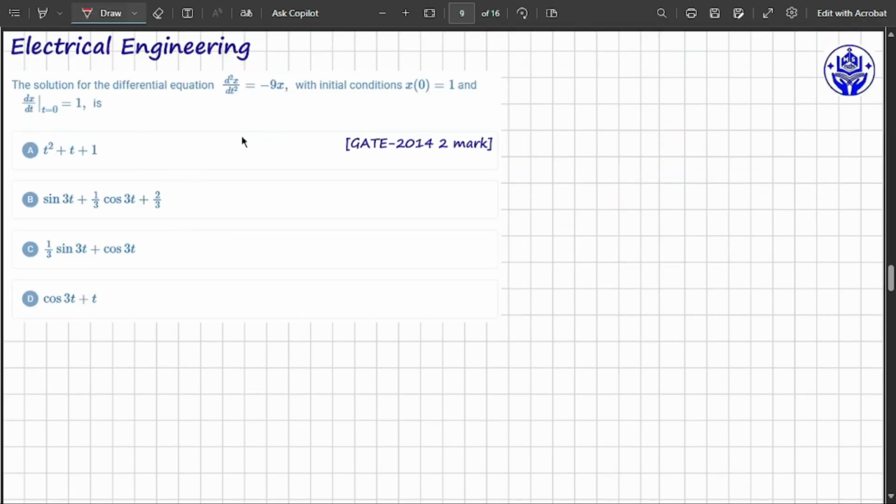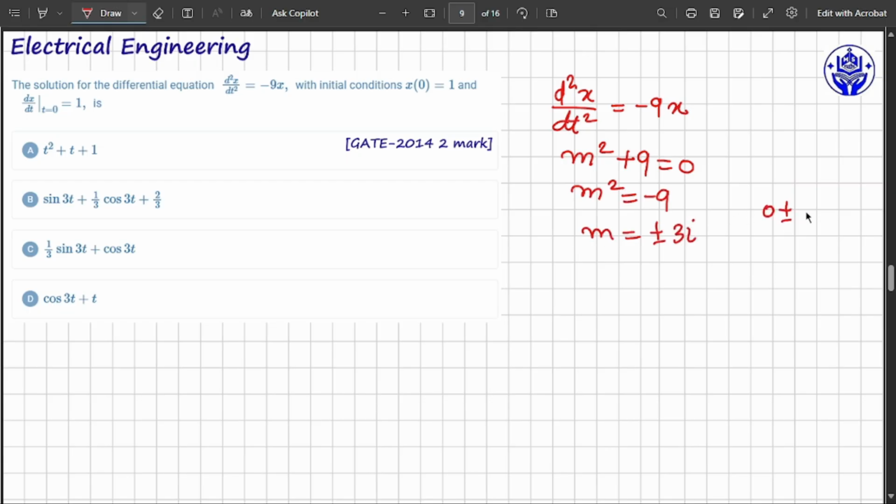Next is the question in which we have d2x by dt square is equals to minus 9x. We can write it as m square plus 9 is equals to 0. Then m square is equals to minus of 9, then m is equals to plus minus 3 iota.